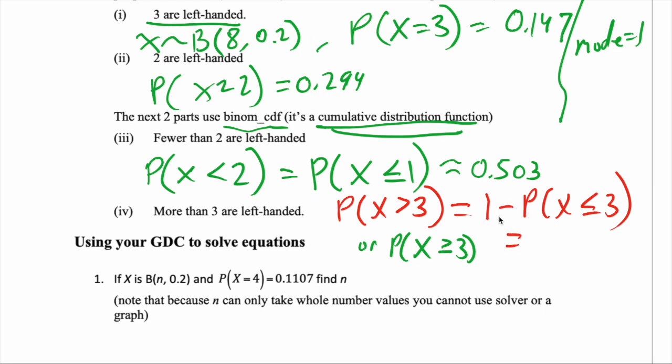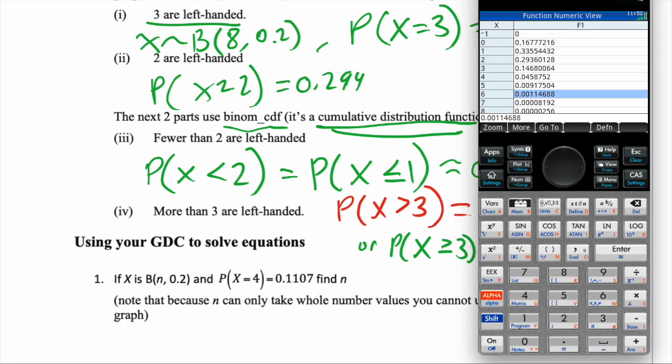Traditionally, calculators would only do this thing in red, or actually traditionally you would look up a bunch of tables in the back of a textbook. But I think our HP Prime can do this one here, but I'm going to do the one in red.